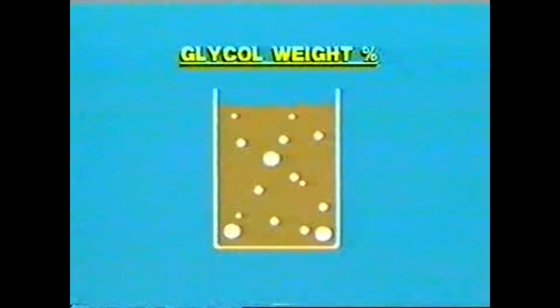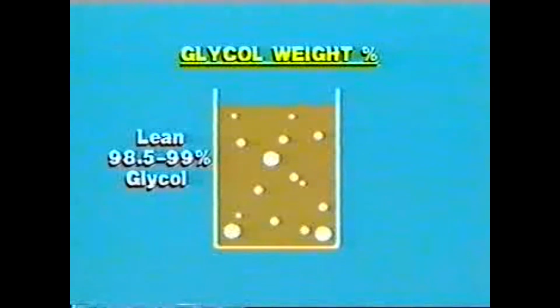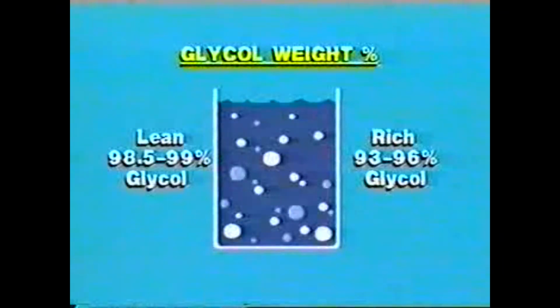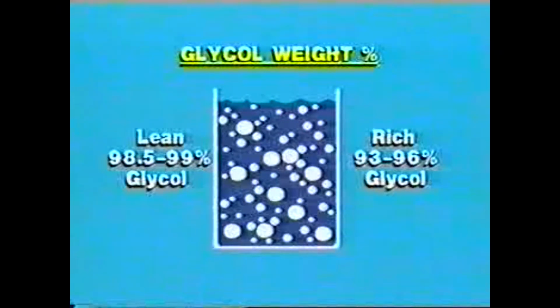The glycol weight percentage refers to the amount of glycol in the glycol solution, also known as glycol purity. Lean glycol should contain about 98.5 to 99.9% glycol. Rich glycol content varies from about 93 to 96% glycol.